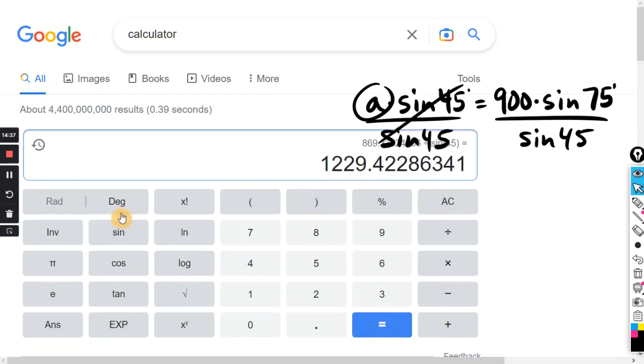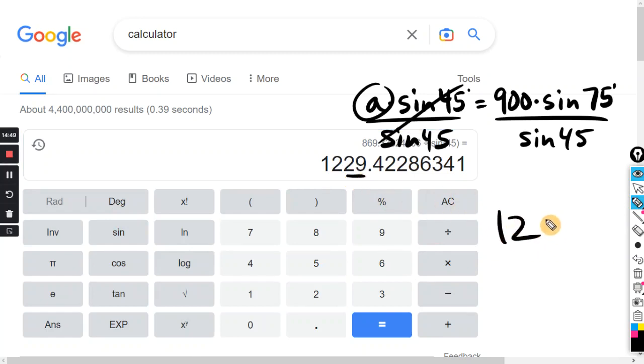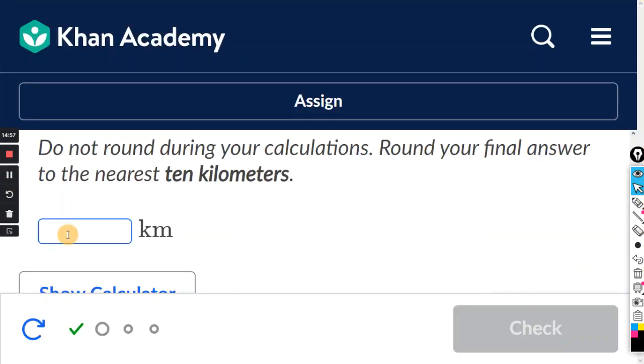All right, and we are set to degrees, and we got 1229. Okay, I think they said the nearest 10 kilometers. So 1229 is going to become 1230. That's the nearest 10 kilometers. Okay, so right in the box, it's just 1230.